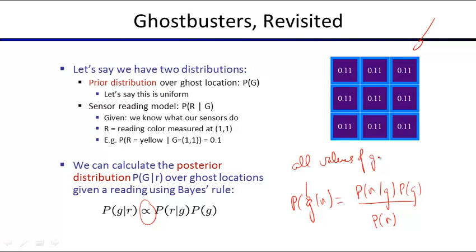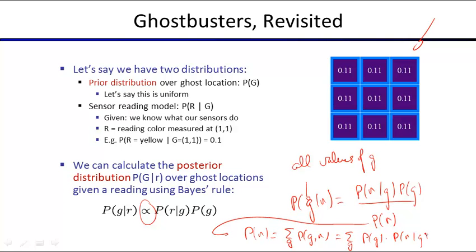When we do that for all values of G, the denominator will be the same. And what is this denominator here? P of R is equal to the sum over G of the joint for G and R, which is the same as the sum over G of the probability for G multiplied by the probability of R given G. That's this expression over here.